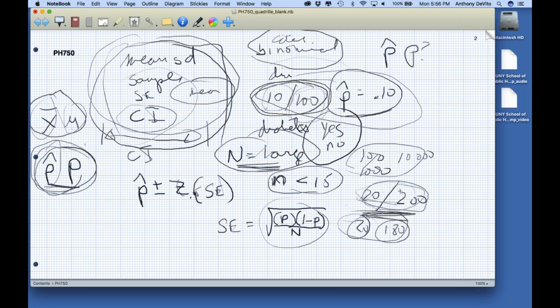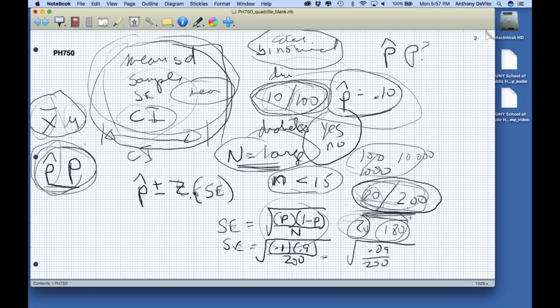So if I'm looking at this sample, 20 diabetics out of 200 people that we sampled, then our standard error is going to be equal to the square root of 0.1 times 0.9 divided by 200. 0.1 times 0.9 is 0.09 over 200.